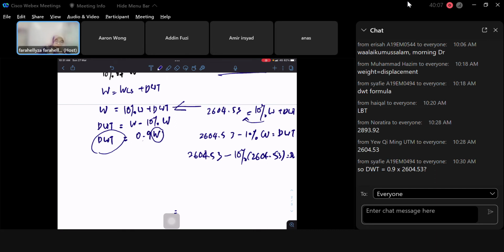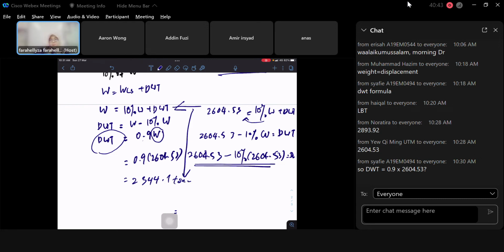So 0.9 W is also the same, supposedly. 2604.53 gives 2344.077. So there are two ways. This is the breakdown of 0.9 W. So you should get 2344.077 tons. Am I correct?